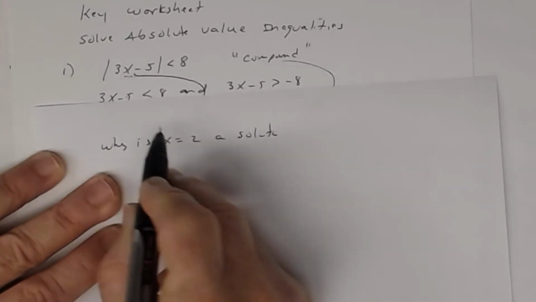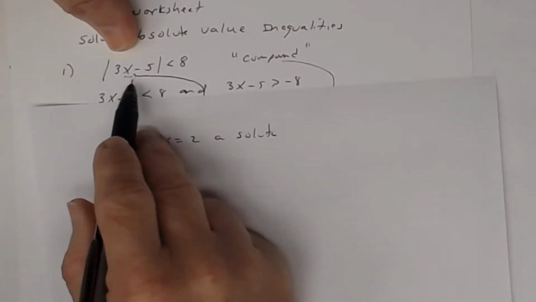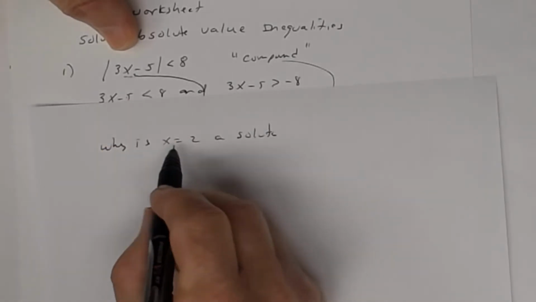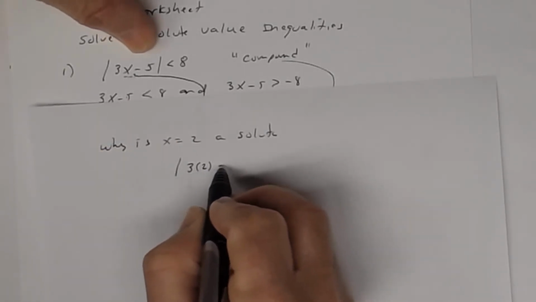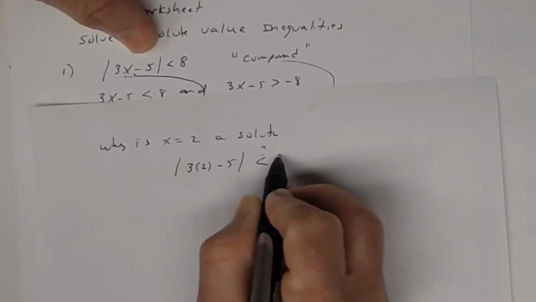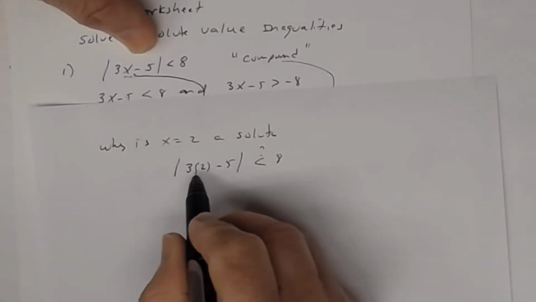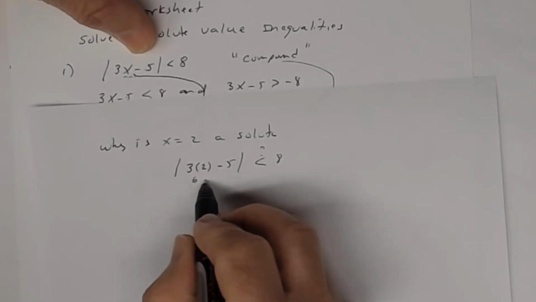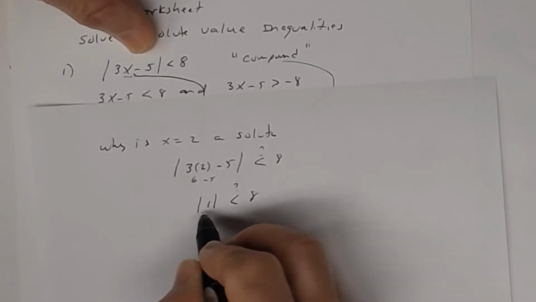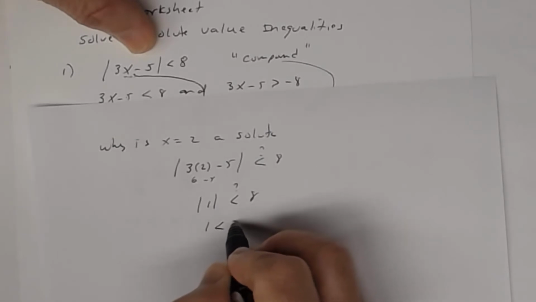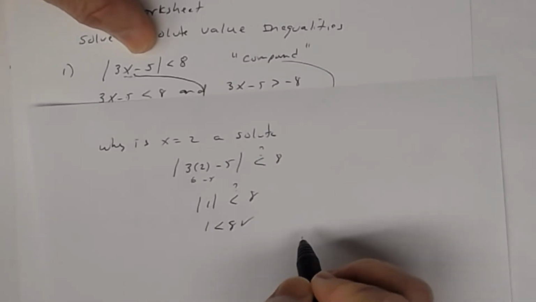If I substitute 2 into the original inequality, always go back to the original, you get the absolute value of 3 times 2 minus 5, and I want to see if that's less than 8. Well, 3 times 2 is 6, and 6 minus 5 is 1. The absolute value of 1 is 1, and 1 is indeed less than 8.